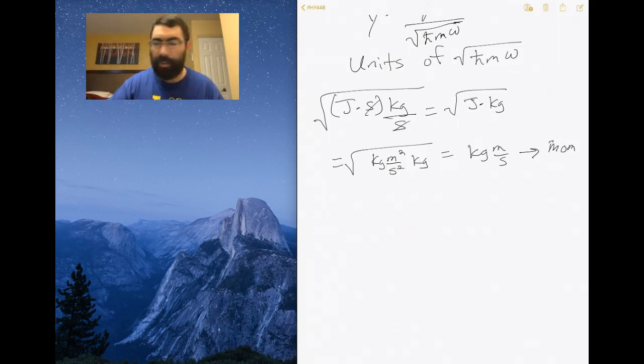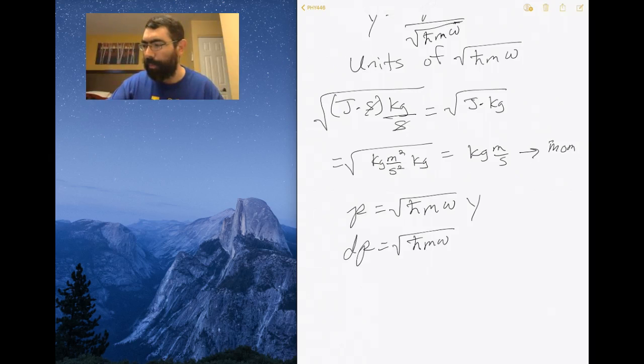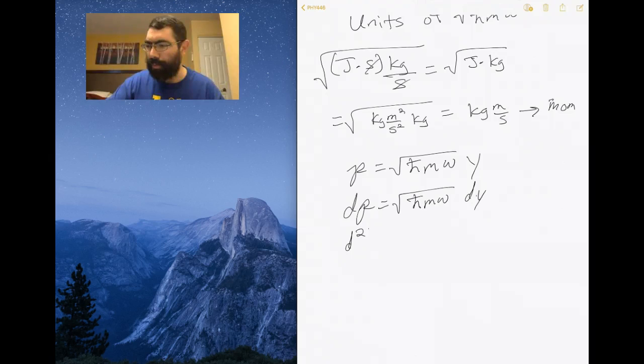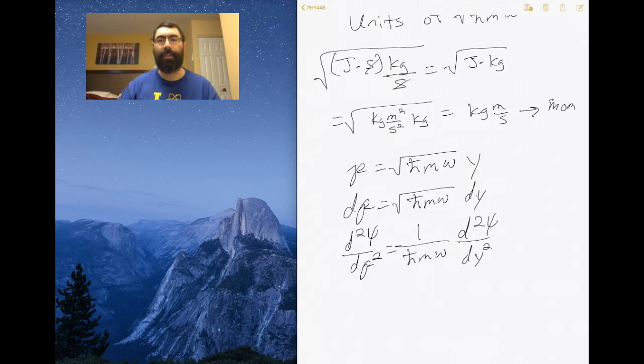We say the momentum is the square root of h bar m omega times y, dp is the square root of h bar m omega times dy, which means that the second order derivative with respect to momentum is 1 over h bar m omega, times the second derivative with respect to y, like that.